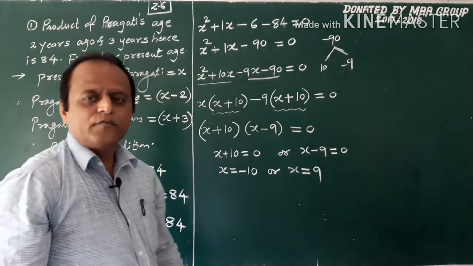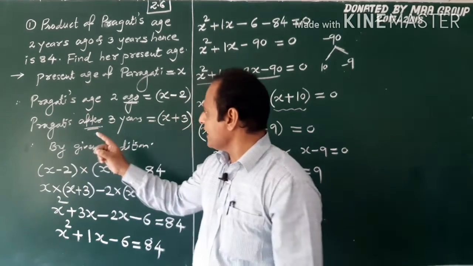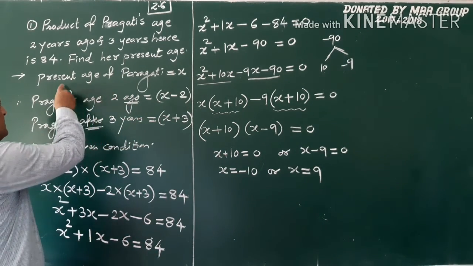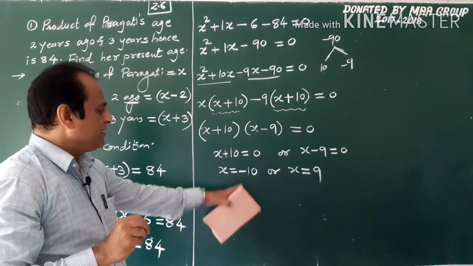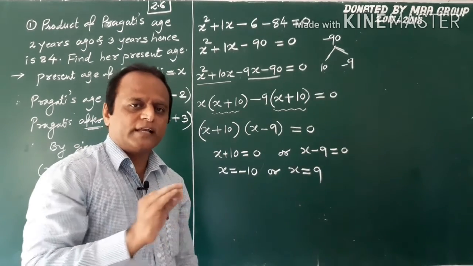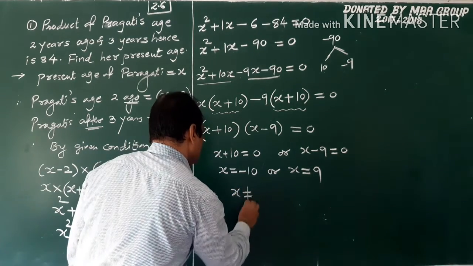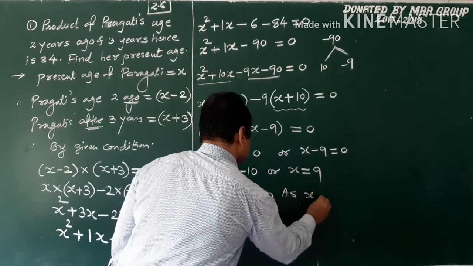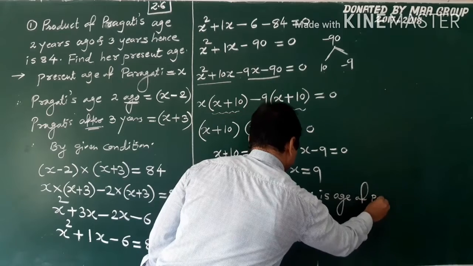Now we have got two values of x, but we supposed that x is the present age of Pragati. Age cannot be negative. So x equal to minus 10 is not possible, as x is the age of Pragati.